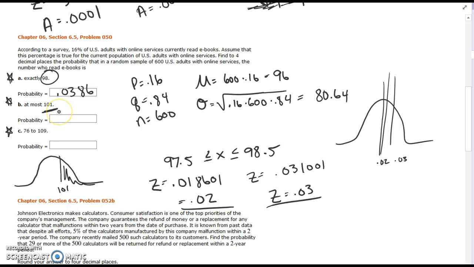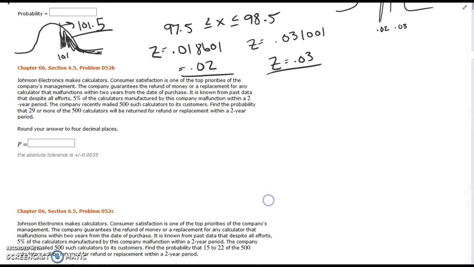So I'm really looking at at most 101.5. Sorry about that. And then 76 to 109, very similar to what we did above. Then number 52.